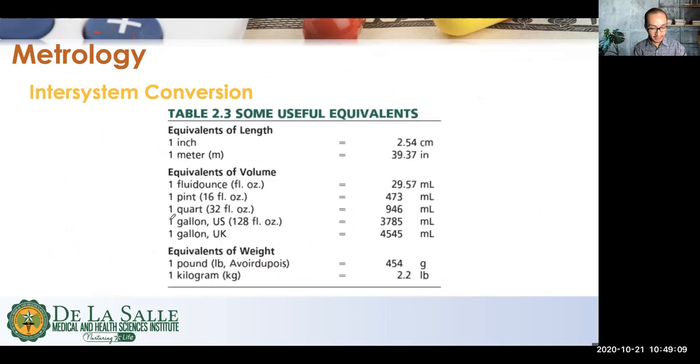Now, here are some important equivalents which I would like you to somehow be familiar with. Even though I will not be asking you to memorize this, in your examinations, even in your quizzes, you will be having your notes, your index cards, like I promised you. I hope by this time you already have written in your index cards the conversion factors which I asked you to write at the start of this learning module.